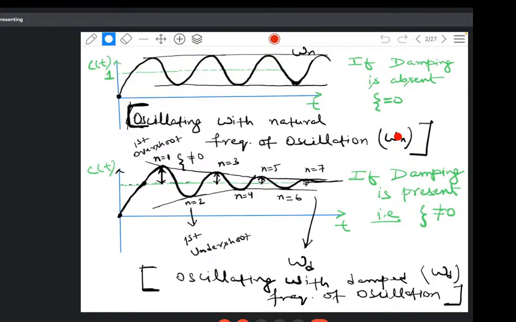But if I increase the value of this damping ratio, or I can say that if damping is present, that is zeta is not equal to 0, then the response will first oscillate, and since damping is present, it will decrease the amplitude of the oscillation, and the oscillation amplitude will continue to decrease, and finally my response will come to the steady state.